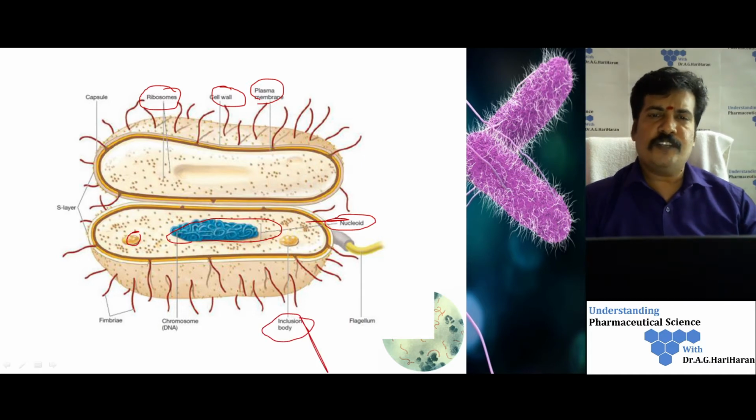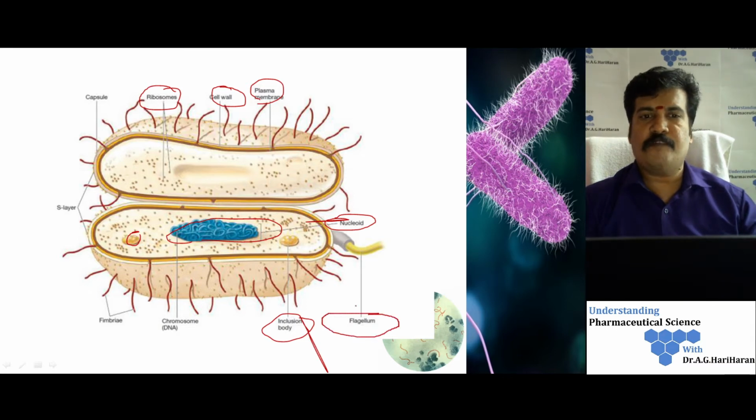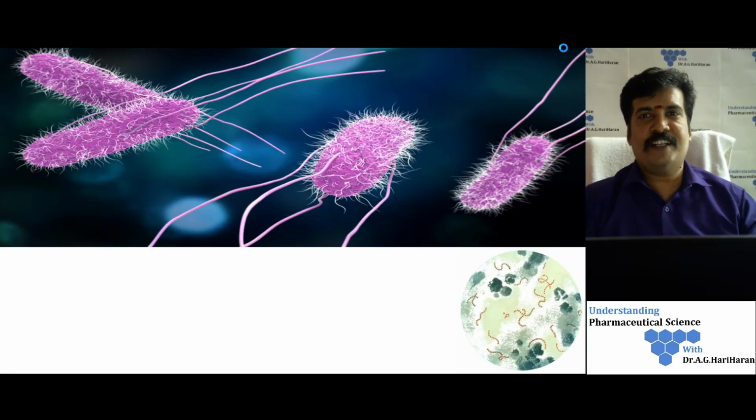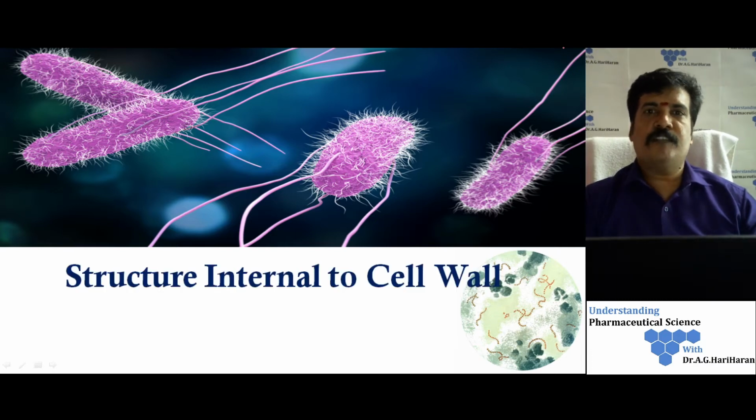In the external structure, the major one is the locomotor organ, the flagellum, which is a long thread-like structure, and a short thread-like structure we can see is the fimbriae. Apart from this, the covering of the cell wall may be a capsule or a slime layer.